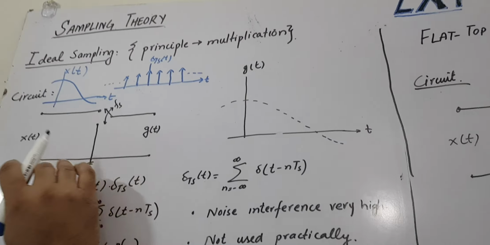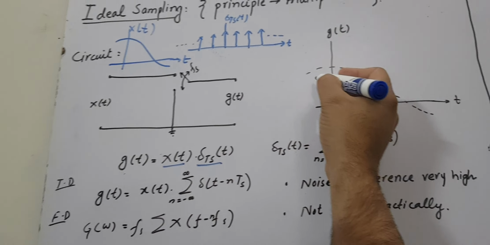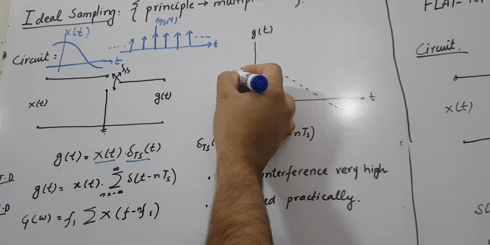So in that case you can represent the discrete signal in this format. It means that g(t) is equal to x(t) multiplied by the pulse train, so you are sampling the signal like this.